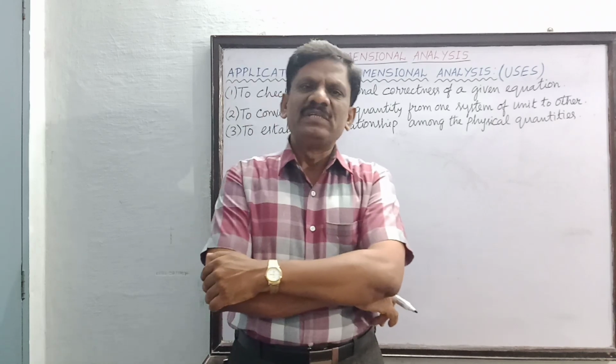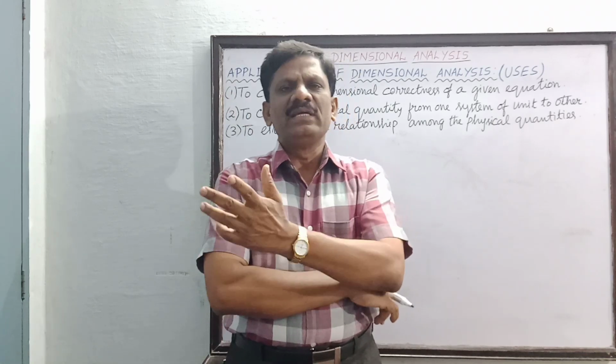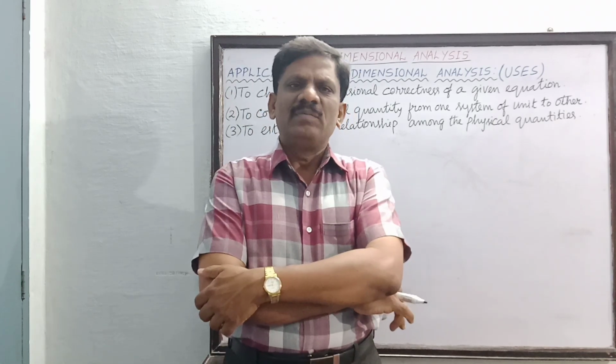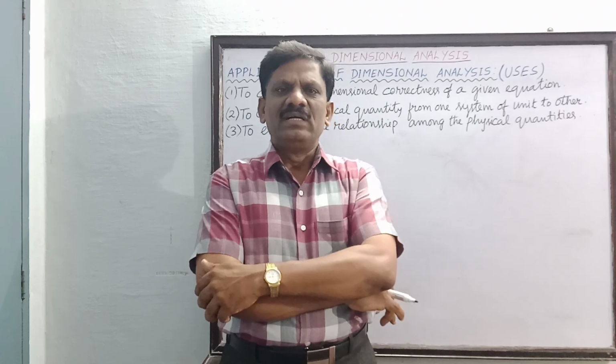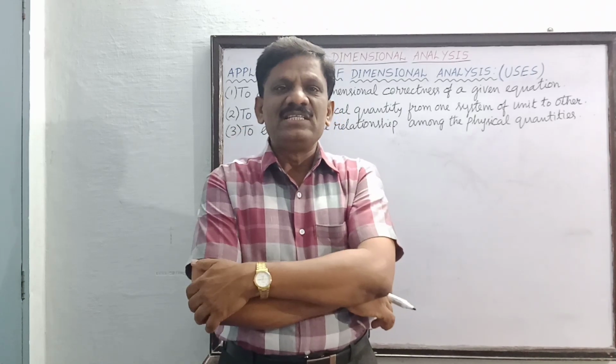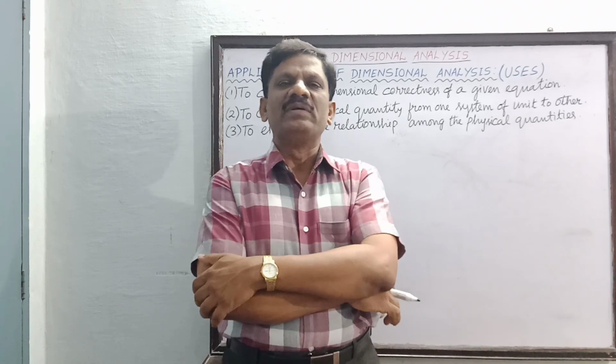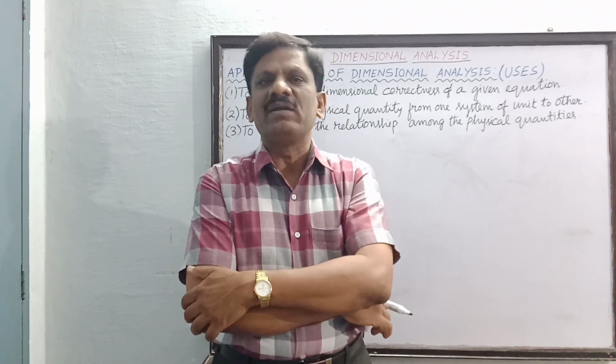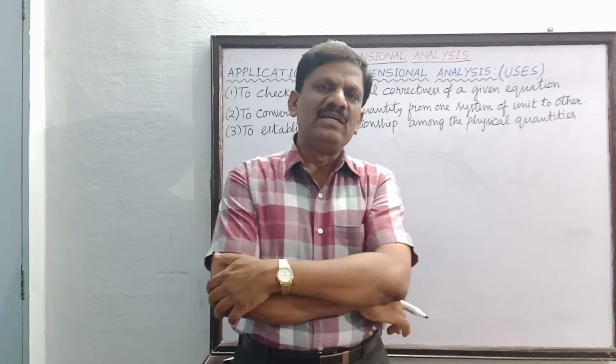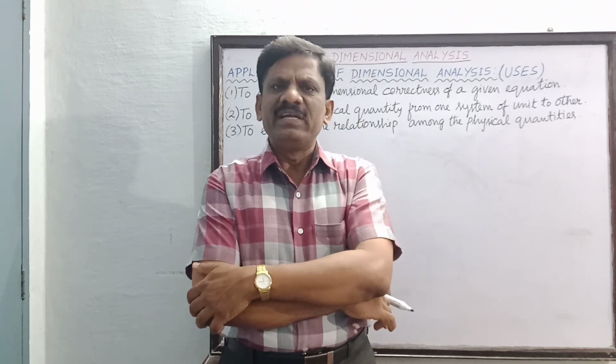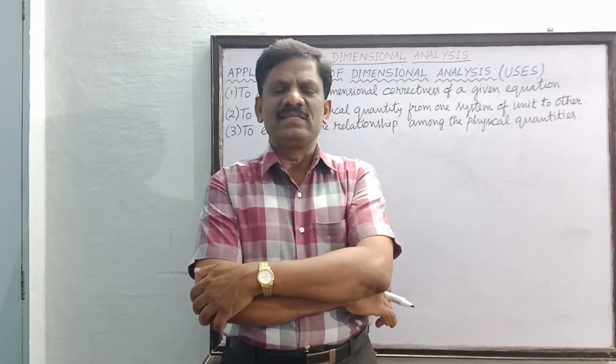Like that, many equations we have come across. How did they derive these equations? By experimental method. But how to find the validity of an equation, say E is equal to mc square, why not mc cube, why not m square into c square? That can be verified using dimensional analysis.